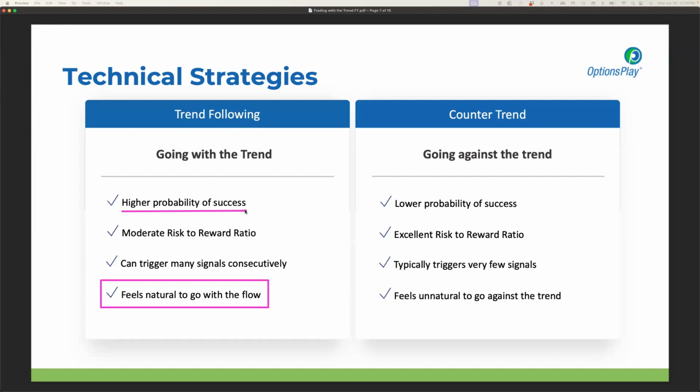So many times you can trade the same security over and over again because it stays in a trend and continues to trend. As long as it stays in that trend, you keep having opportunities to re-enter that trend or add exposure to it. So those are the characteristics and behaviors you can expect if you're following the trend.